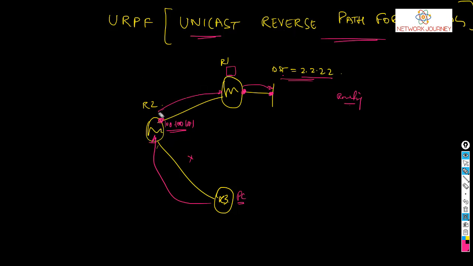So what we do is we enable a feature called uRPF. Where do I enable it? I enable it on this interface. Now what happens is, let's say in my routing table the entry gets created for 2.2.2.2 via whatever interface this is, like FA0/0. So this is my routing information base, right?